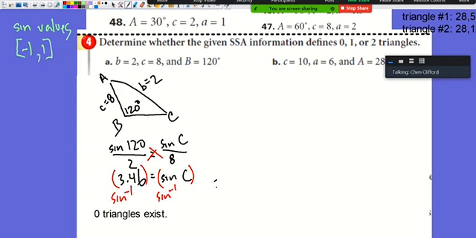Now here's the question I want you to imagine in your head. Is there such an angle where the sine value is 3.46? Guys, we already established earlier that sine values have to be between -1 and 1. There are no sine values in the unit circle.